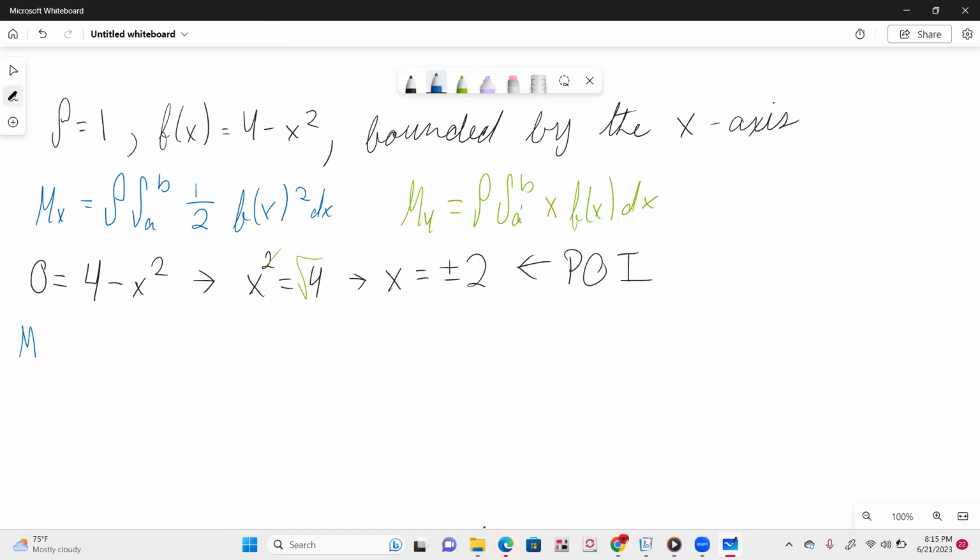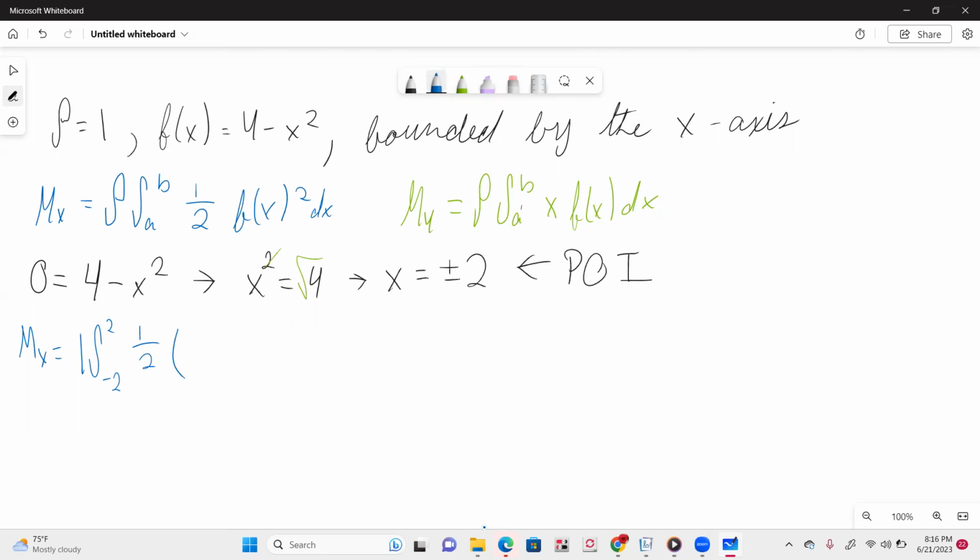So mx is equal to density, our density is equal to 1, times the integral from a to b, which is our negative 2 to 2, times half of our f of x squared.